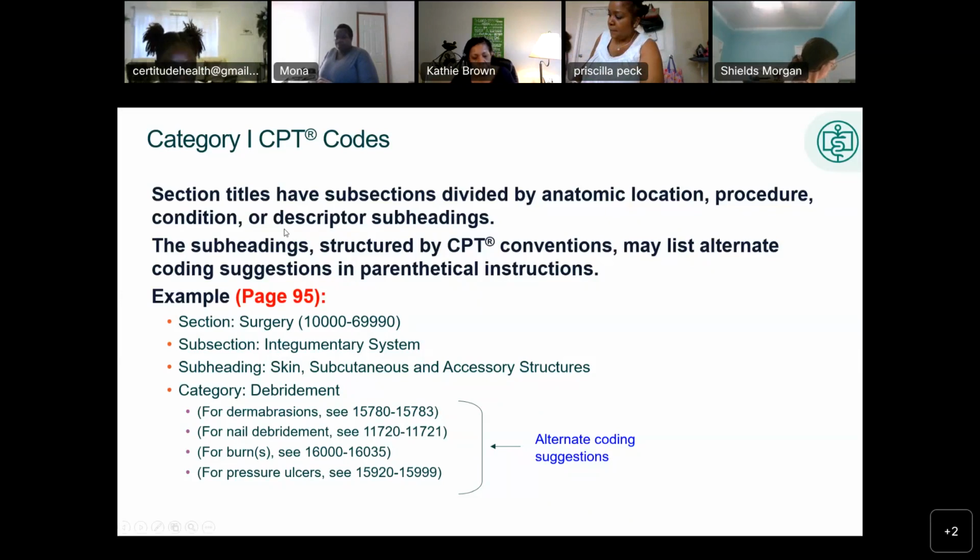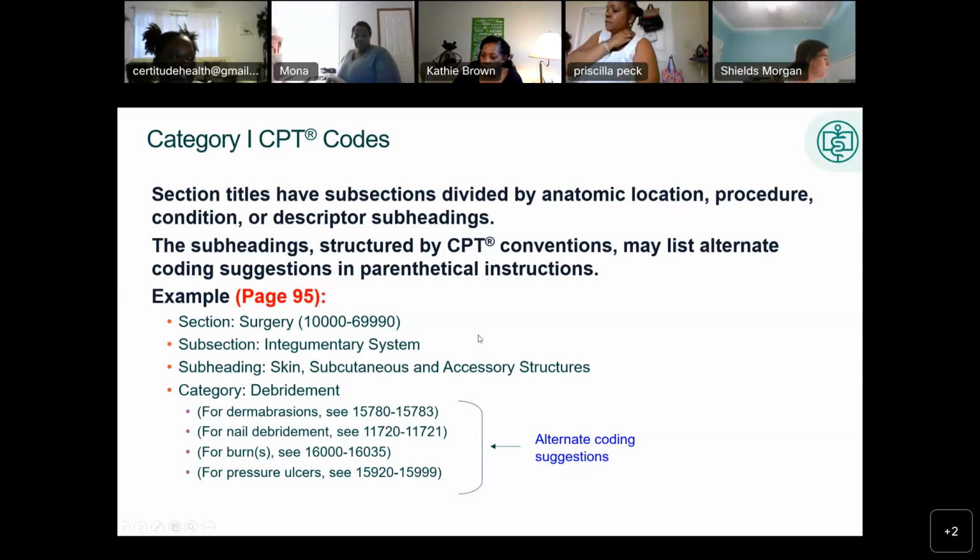This is an example of a CPT page, and on page 95 we're currently in the surgery section. If you look at the top right of the page, it says that we're in the surgery section, and then it has that backslash and it says integumentary system.